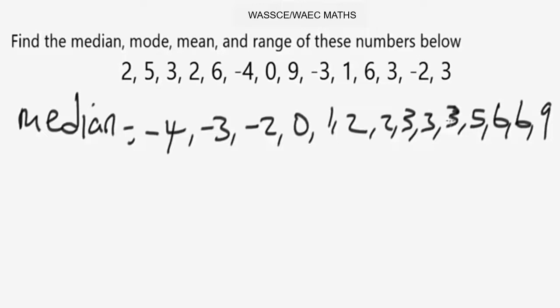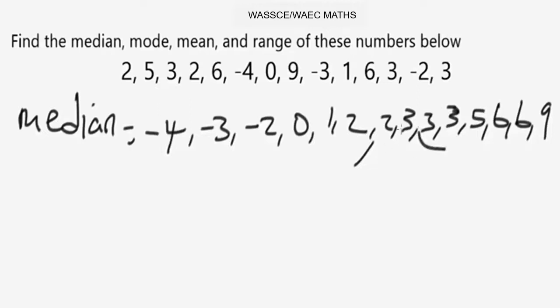Now let's make it 6 by adding 1 to this. We have -4, -3, -2, 0, 1, 2. That's 6 values from the left. And we have 9, 6, 6, 5, 3, 3. That's 6 values from the right.